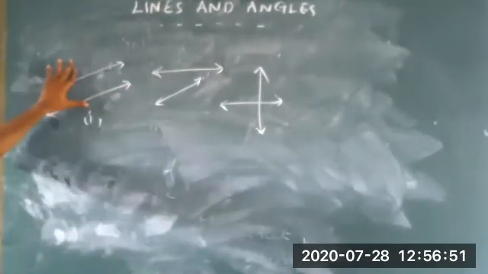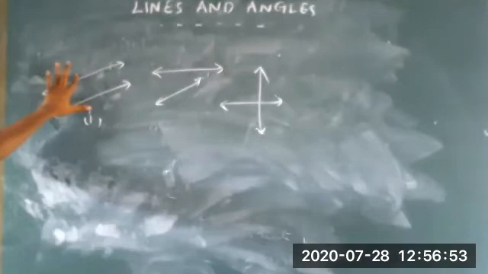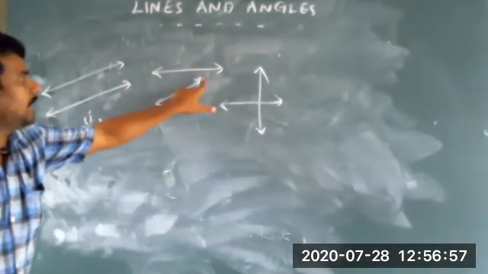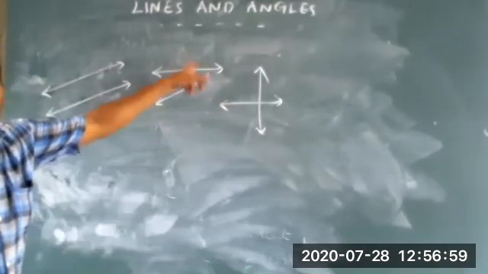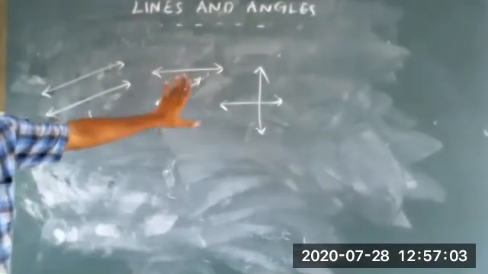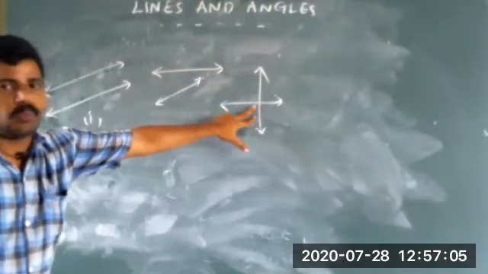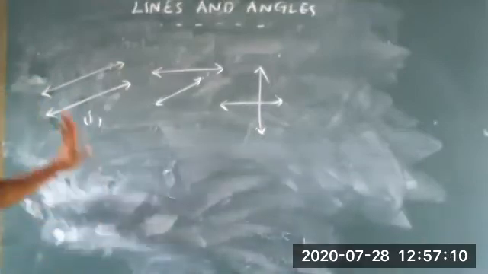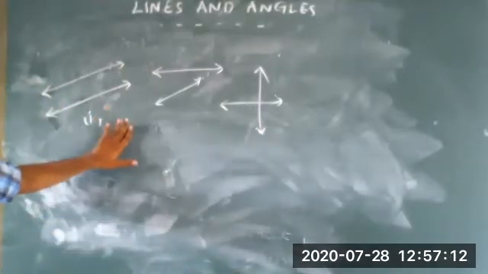The first one, this pair is parallel. Extend both lines in the second one, and they meet at one point, so it is not parallel. These two lines meet at one point, so these two lines are also not parallel. So only the first diagram has parallel lines.